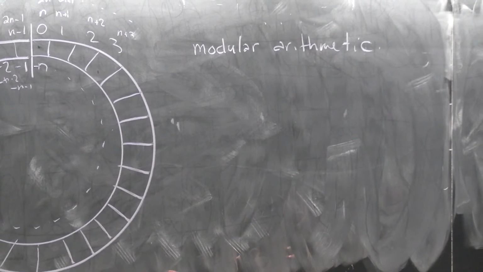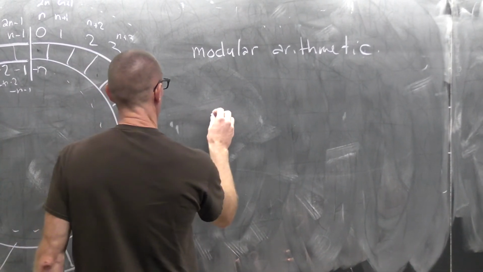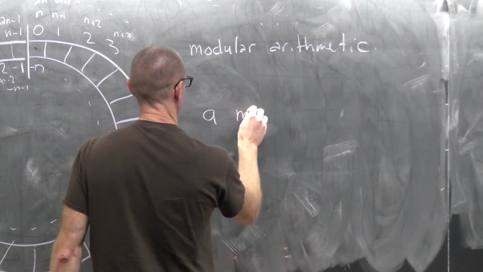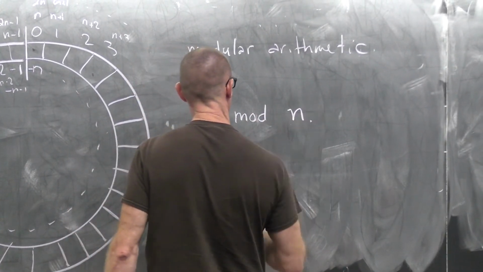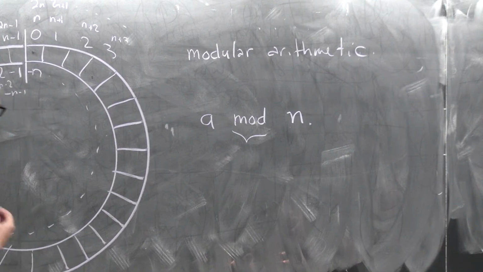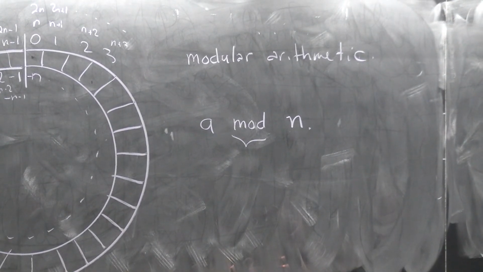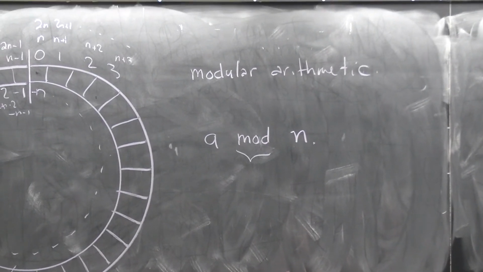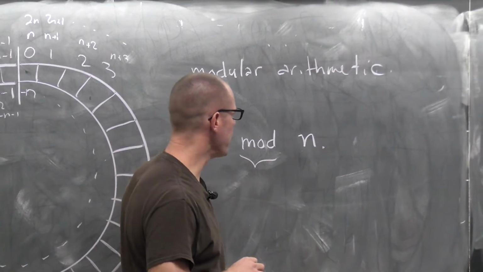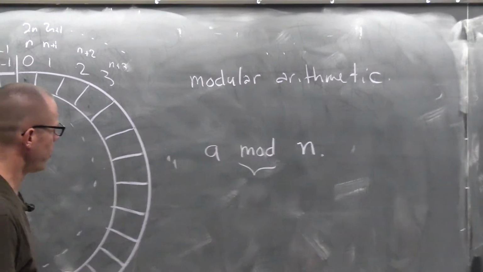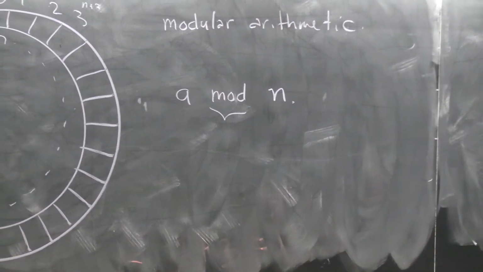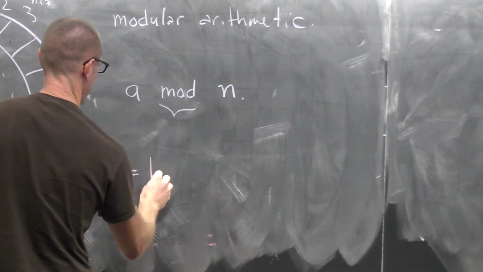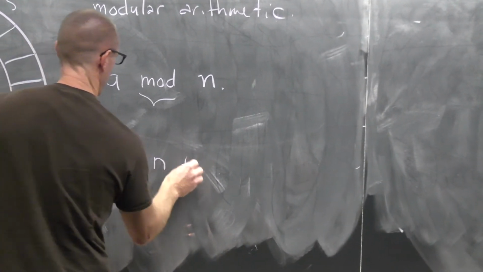But a little bit more formally, if you take a mod n, this is the modulus operator, it takes any integer a and gives you a number between 0 and n minus 1 such that a equals k times n plus r.